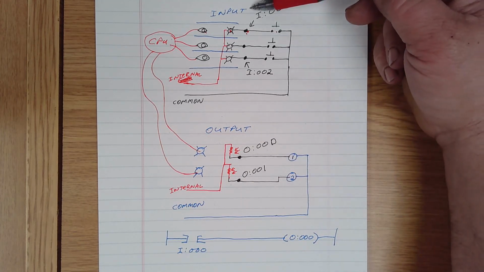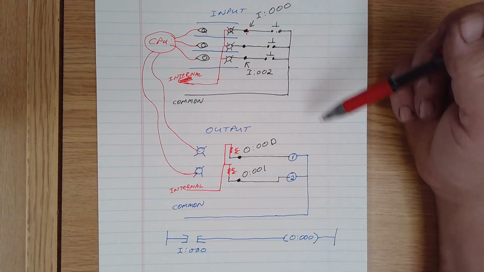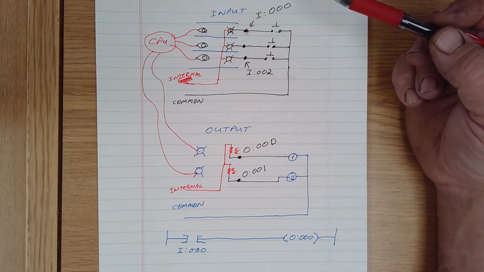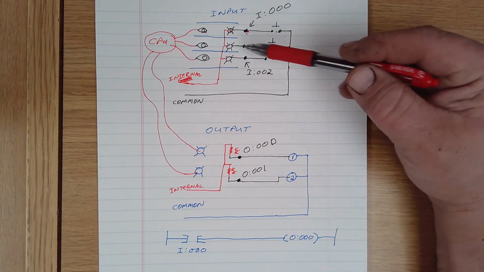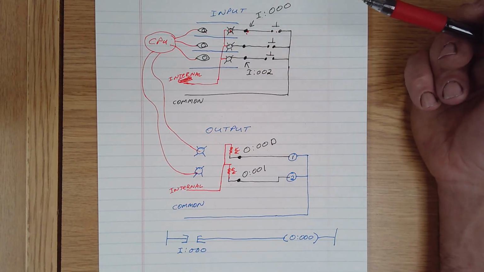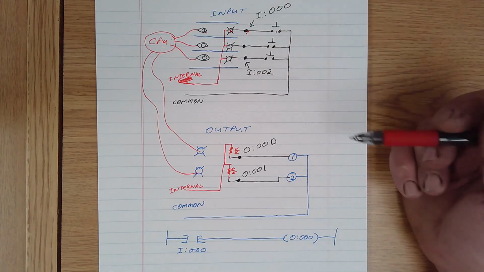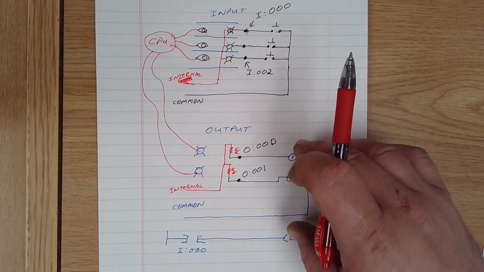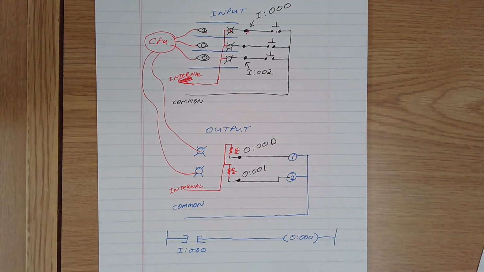The input cards, they're fused at like half an amp. These light bulbs would actually be LEDs, which need next to no current to get them to light up. So not very much power is available in these circuits. A little bit is allowed, but still not a huge amount, just enough to run some control devices.